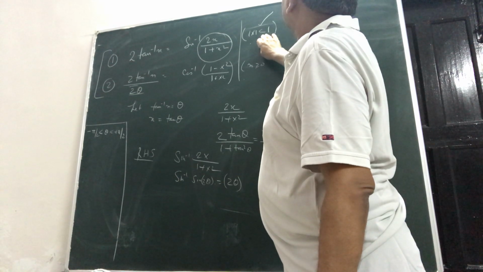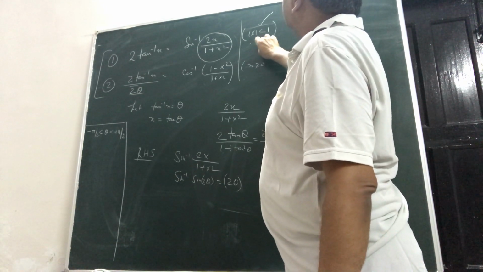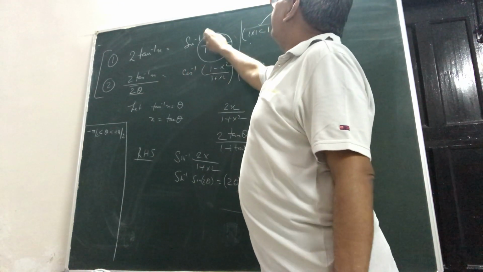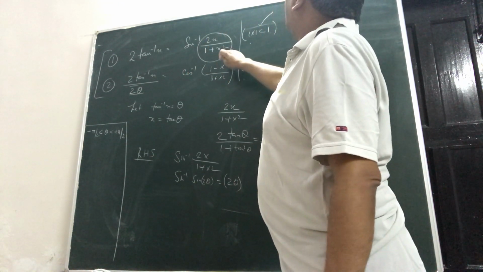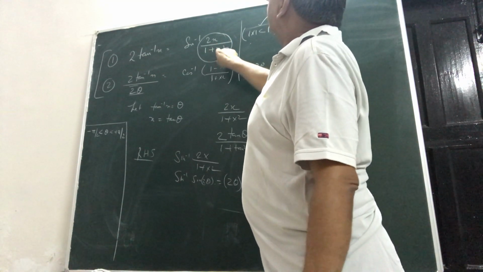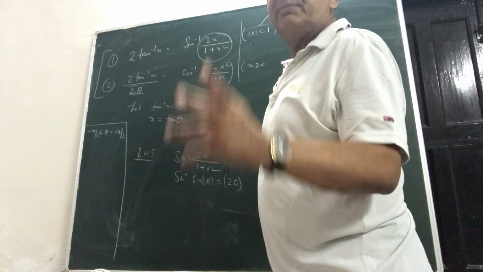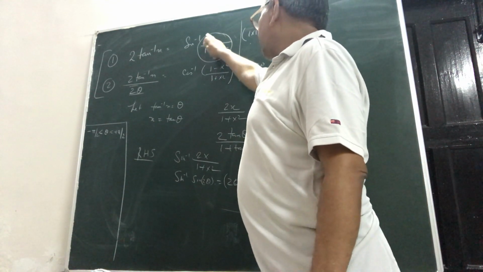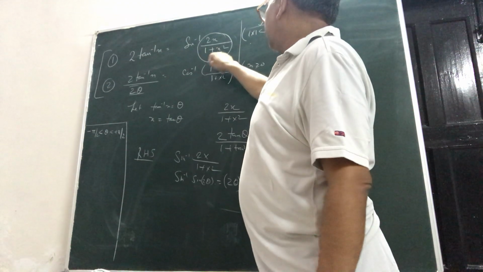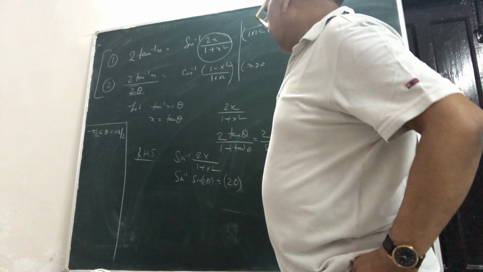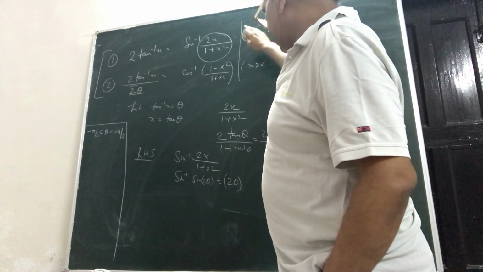Please see, this value has to be between minus 1 and plus 1, because 1 plus x square is always greater than 2x. So this has to be between minus 1 and plus 1. That's the reason that this is mod x is less than 1.